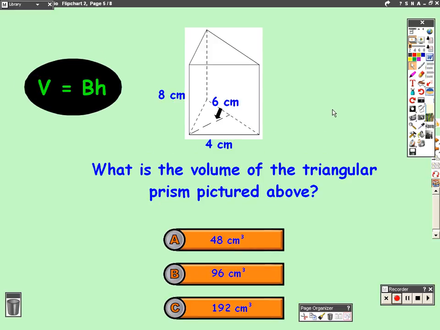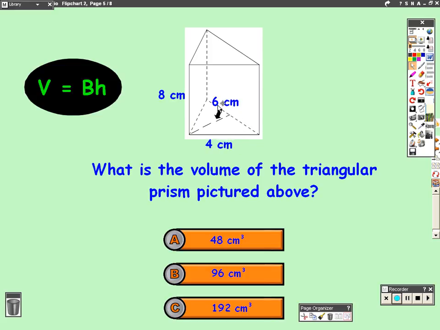On the next slide again, we're examining a triangular prism this time. Now the formula is still exactly the same, but we need to keep in mind when we're finding the B for the base, we're looking at 4 times 8 of our overall figure, and 4 times 6, which is our altitude or our height here.